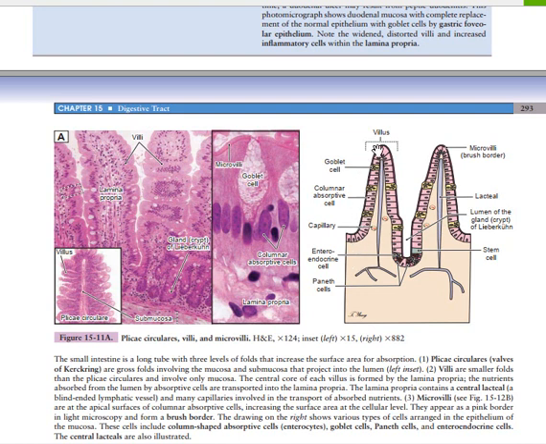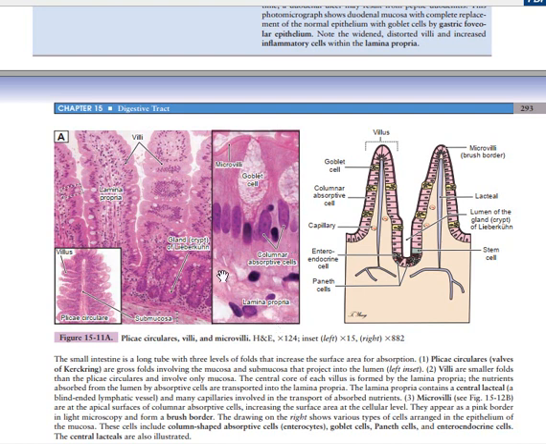Then these are the columnar absorptive cells, and these are the goblet cells which are interspersed between the columnar absorptive cells, and these are the microvilli of the columnar absorptive cells. So this is the diagram of the histology section. You can see one goblet cell here, and this is the columnar absorptive cell close to it with its nucleus. Is it clear?